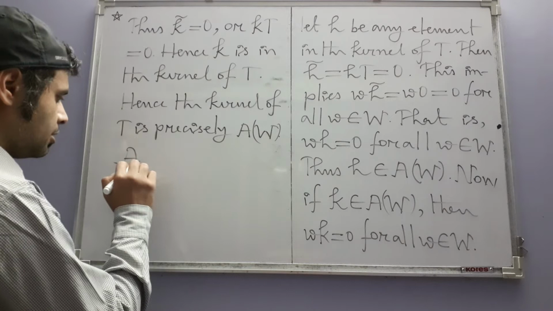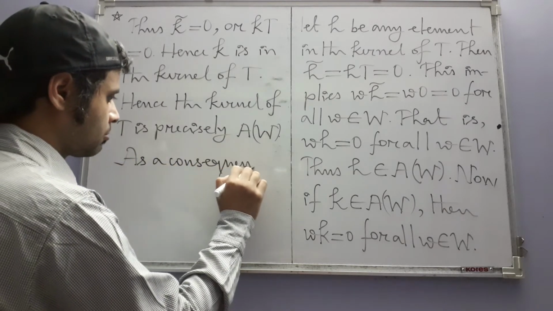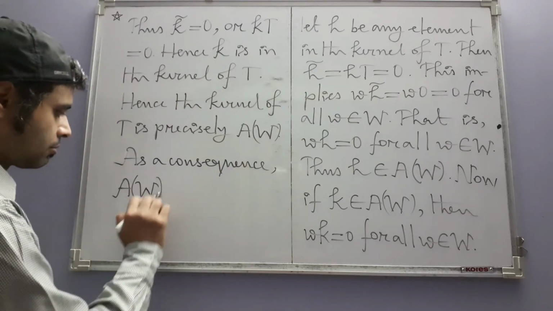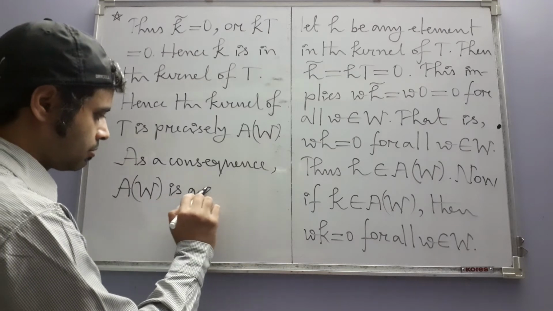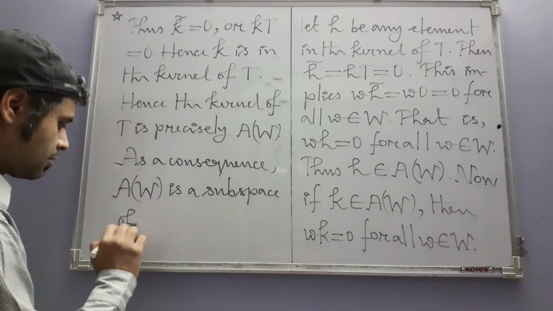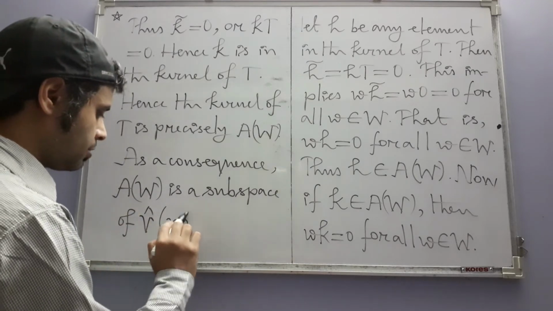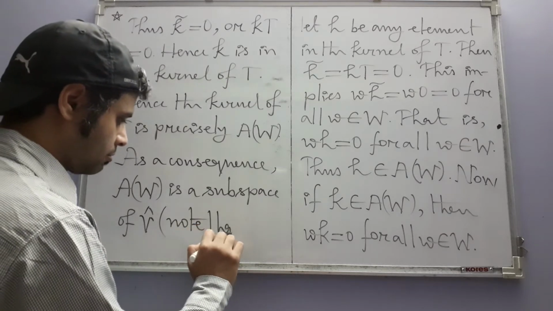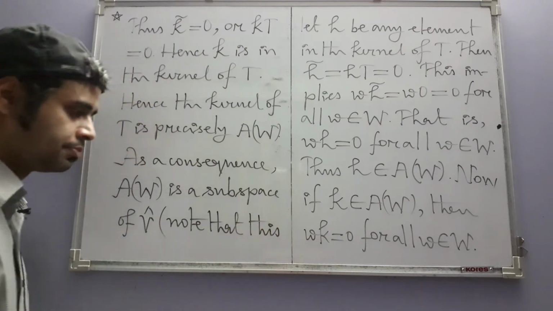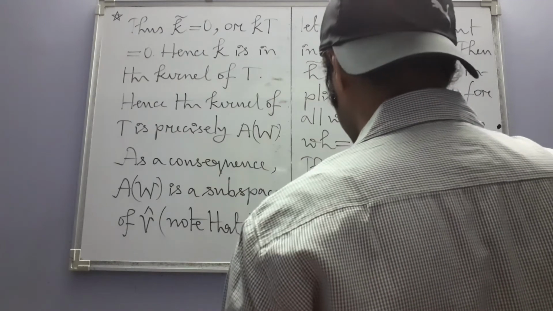As a consequence, A of W is a subspace of V hat. Note that this is true even when V is not finite dimensional.